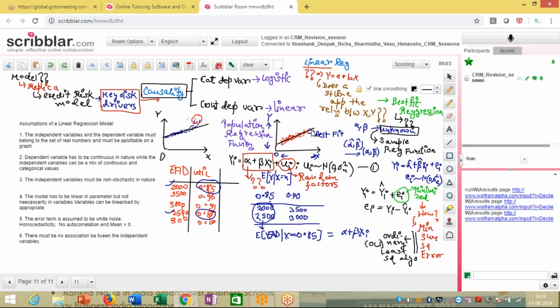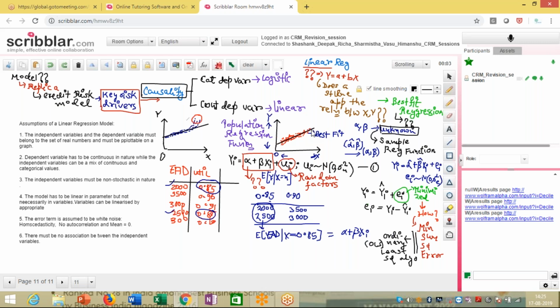If we have a continuous dependent variable, the modeling approach that we take up is linear regression. If we have a categorical dependent variable, the modeling approach that we generally take up is logistic regression, right?